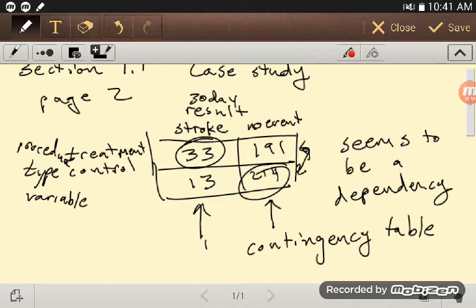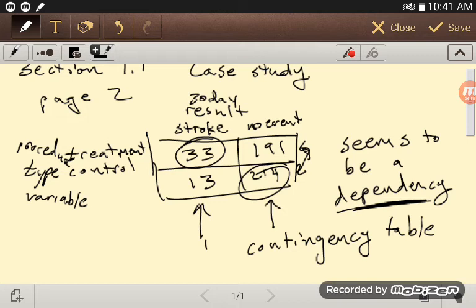But again, that's where the statistics come in, is we're going to learn techniques to try to determine, do we really know whether or not there's a dependency in these two variables, our stroke events, do we have one or not? In our procedure types, do we do the treatment or not?